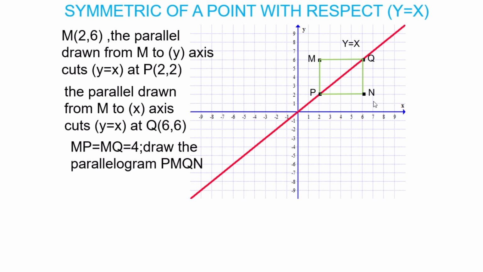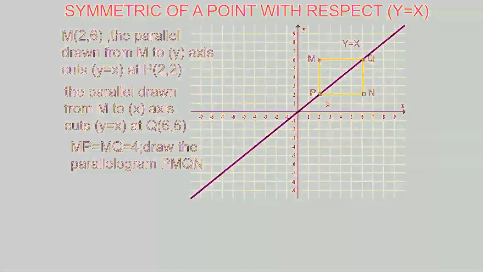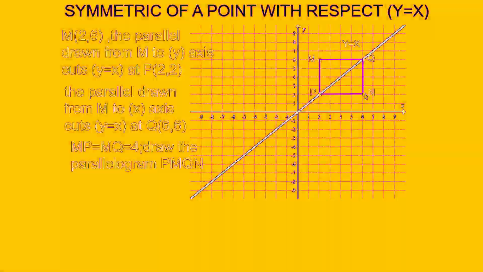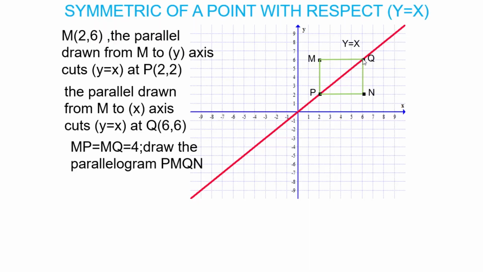And what are the coordinates of N? The abscissa of N is 6, and the ordinate is what? Is 2. The abscissa of N is the same as the abscissa of Q, 6, and the ordinate of N is the ordinate of what?